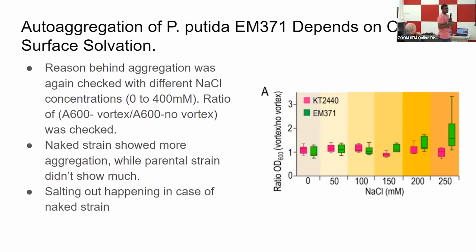That means it is getting flocculated and it is getting segregated. Why is this happening in case of modified strain is because salting out is happening in that, while the parent strain is not aggregating because of the solvation. That means the solid particles are in reaction with the solvent.